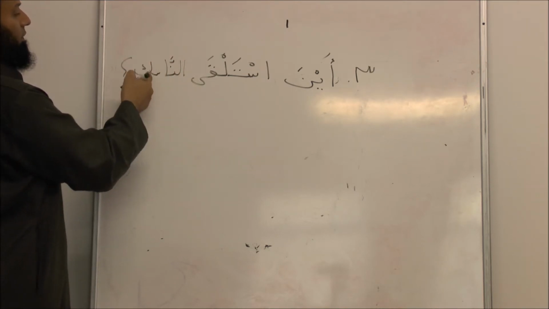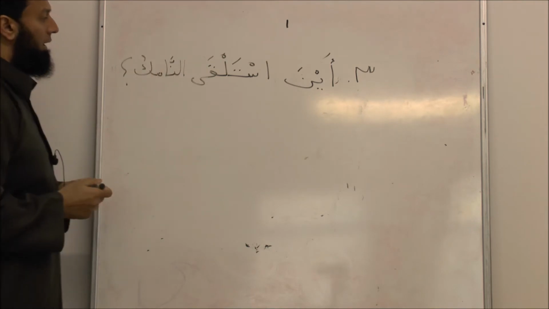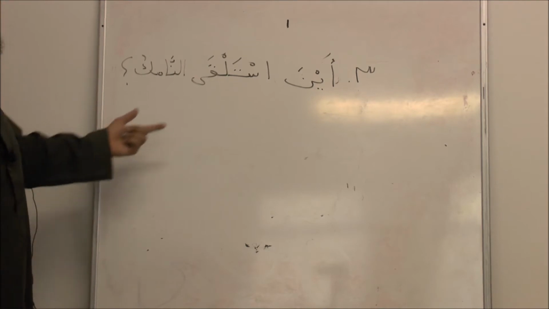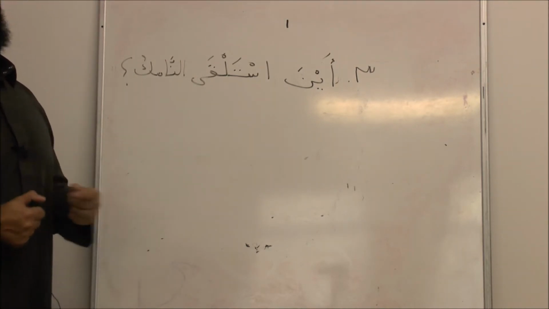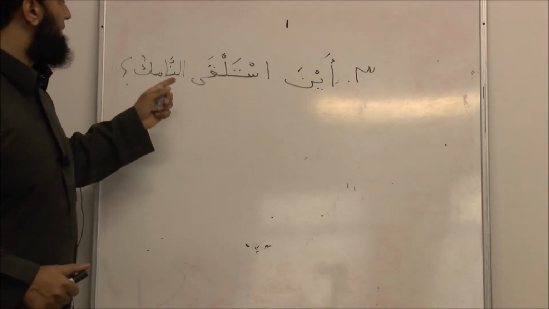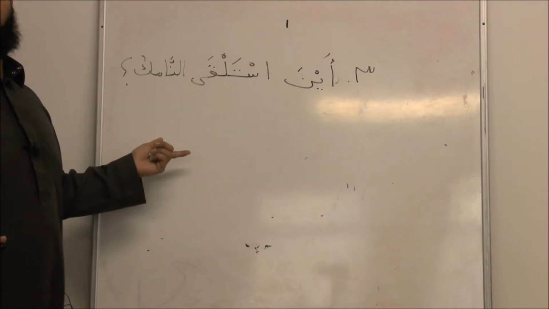What goes on the end here? الناسك. Why? That's the doer. Because it's the doer. أين استلقى الناسك. So what does this question mean?